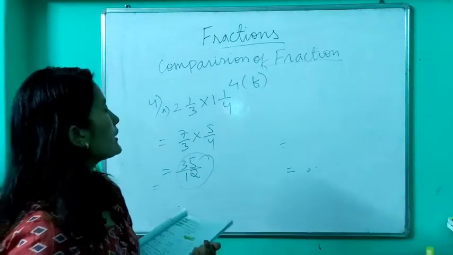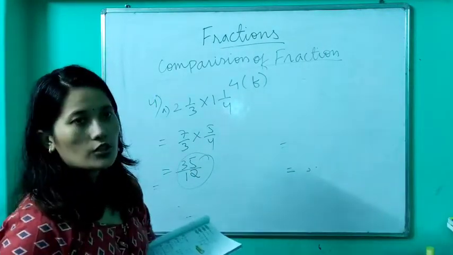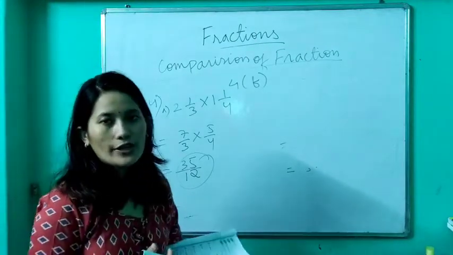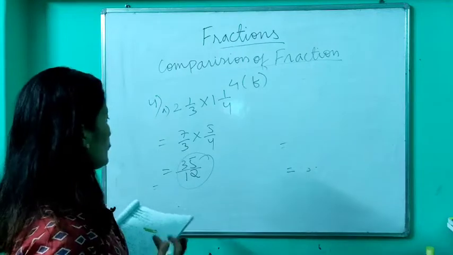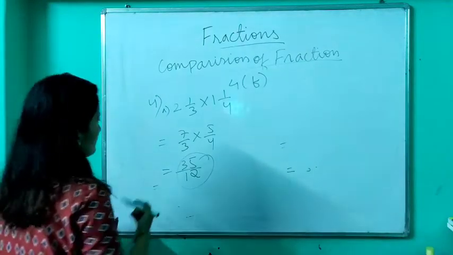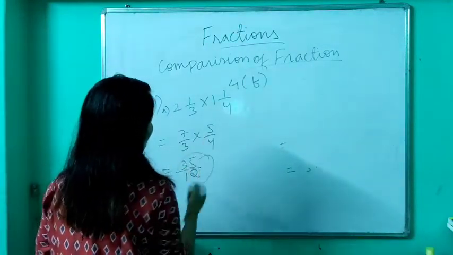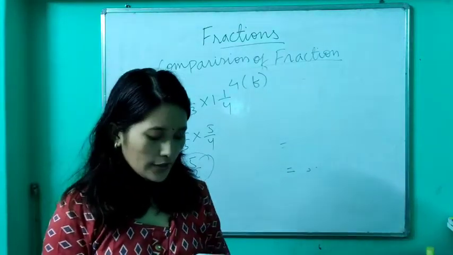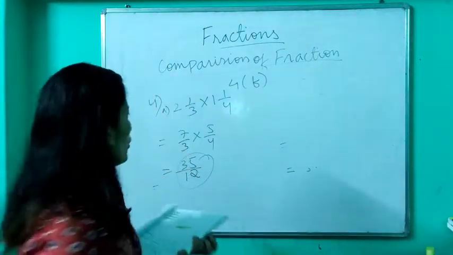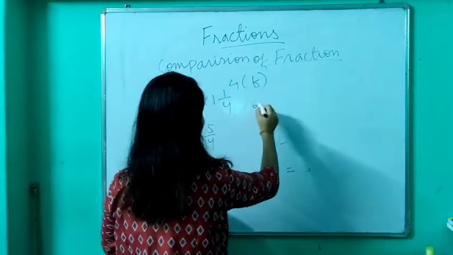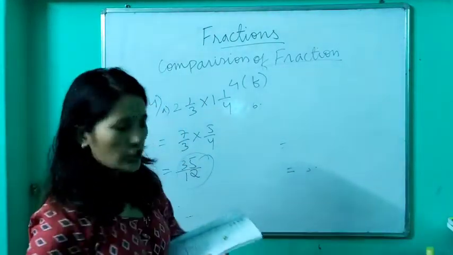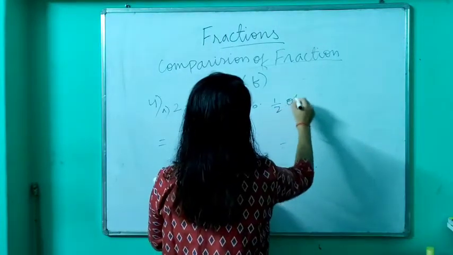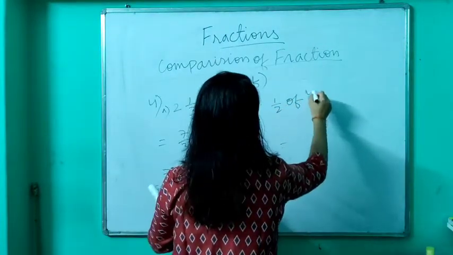So similarly for other questions also, if you have a mixed fraction given, convert it into improper fraction, and then if denominator and numerator can be cancelled, then you can cancel it and then write down the answer. Now question number 6, if instead of multiplication, "of" is given, then what do you do? Of 4 by 7.